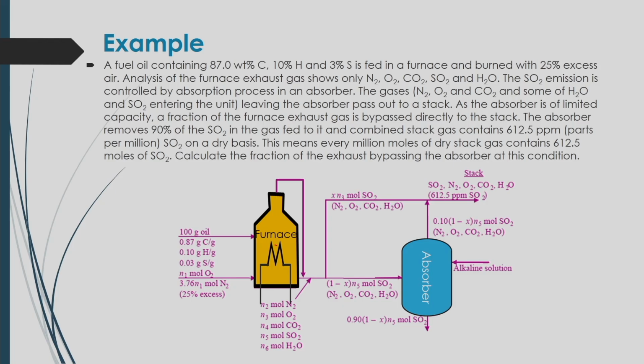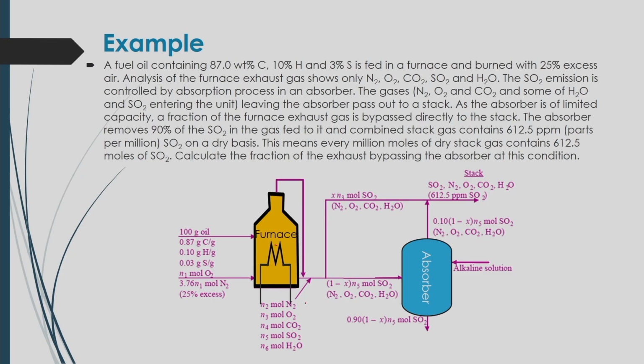And after combustion, there will be an exhaust gas from that furnace. It will contain N2 amount of nitrogen, N3 amount of oxygen, N4 amount of carbon dioxide, N5 amount of sulfur dioxide and N6 amount of water.